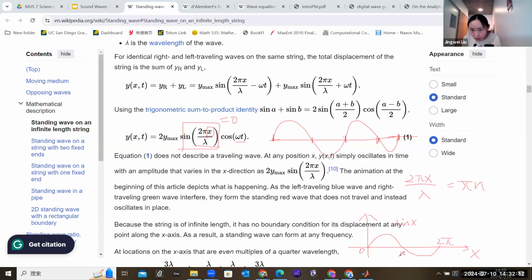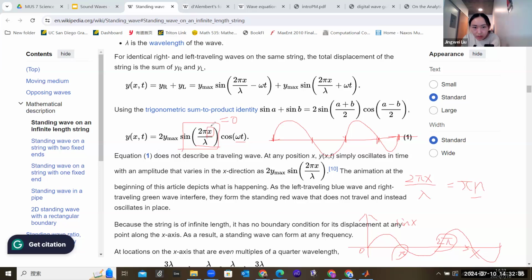So for all the multiples of pi, 2 pi, 3 pi, 4 pi, n is any integer. For any integer multiple of pi, the sine of this term will be 0.